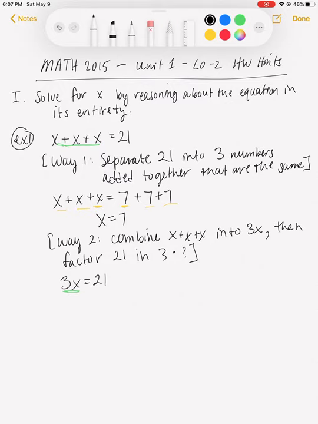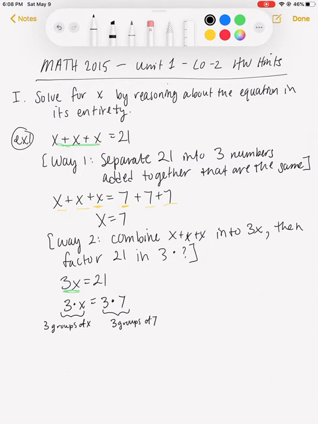Okay. And so we have 3 times the number x is the same as 3 times the number for 21. We know that that number is 7. Okay, so since I have 3 times something and 3 times something, this right here represents 3 groups of x. And this right here represents 3 groups of 7.